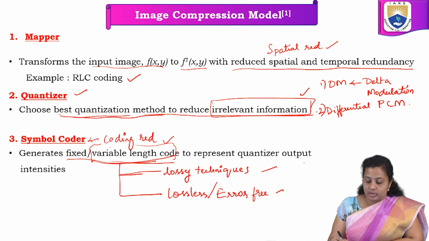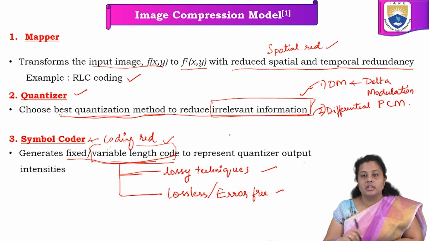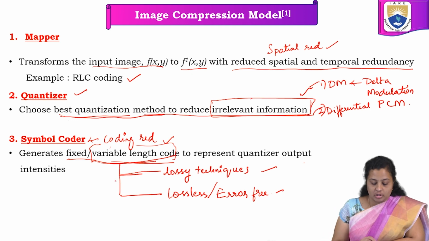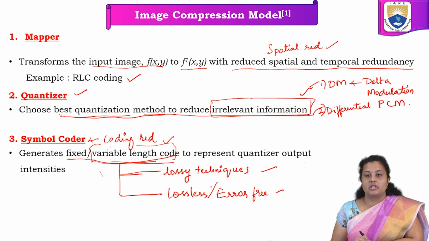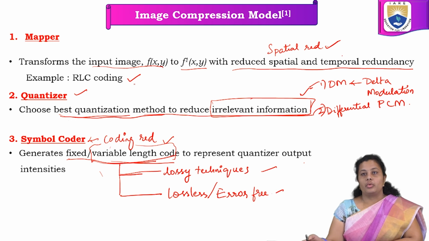These two are the best quantization techniques used for reducing our irrelevant information. To reduce the coding redundancy, we go for variable length coding, which has two techniques, lossy and lossless. And to reduce our spatial redundancy, we go for RLC coding.